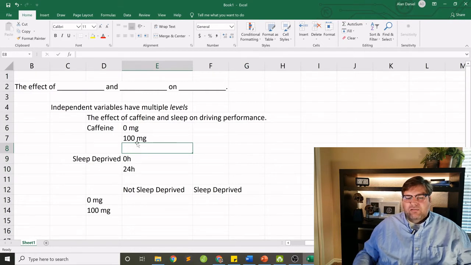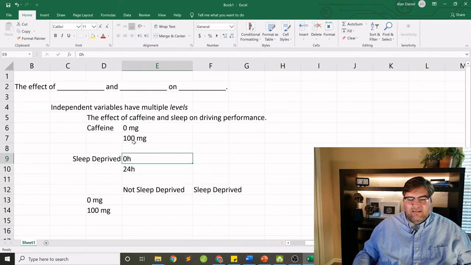However, we might also see an interesting pattern of results where sleep deprivation had one outcome when there was no caffeine and a completely different outcome when there was caffeine. In other words, what I would expect, if my hunch is right about what caffeine is going to do, is that with 0-hour sleep deprivation, they're going to drive pretty well.